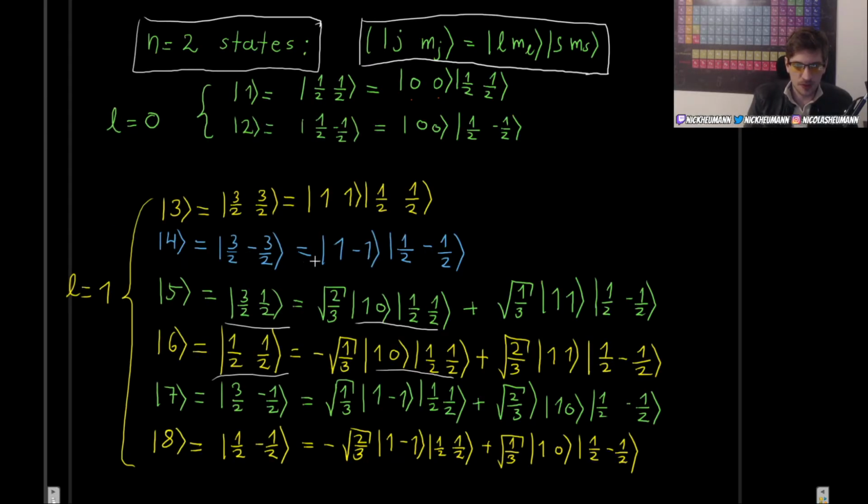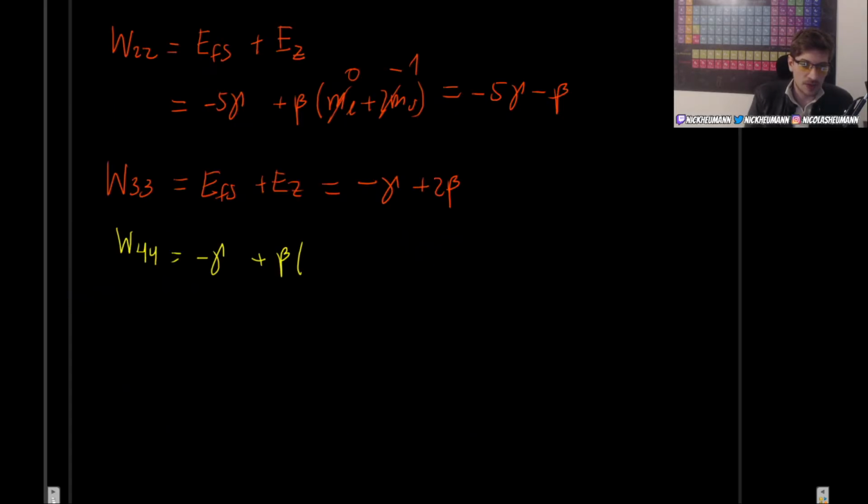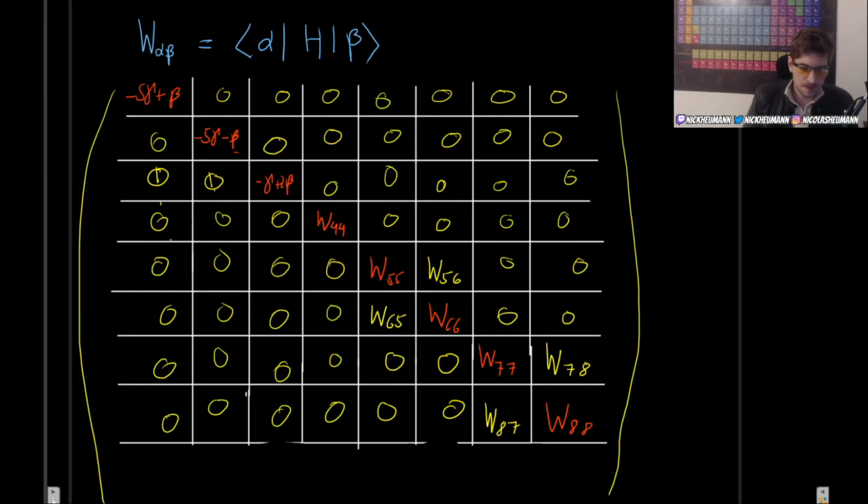So state 4, ml is minus 1, ms is minus 1/2. So we get minus 1, so minus 2. So our state is going to be minus gamma minus 2 beta. Let's now plug it in. So minus gamma minus 2 beta.